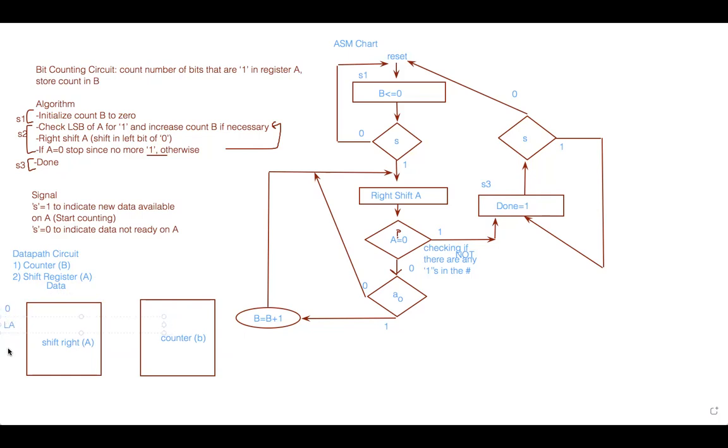And remember, with a register, you have to have the enable pin as well. And then we're going to have our clock signal here. On the output, you're going to have Q. You're also going to have it checking if no more ones are in the number.